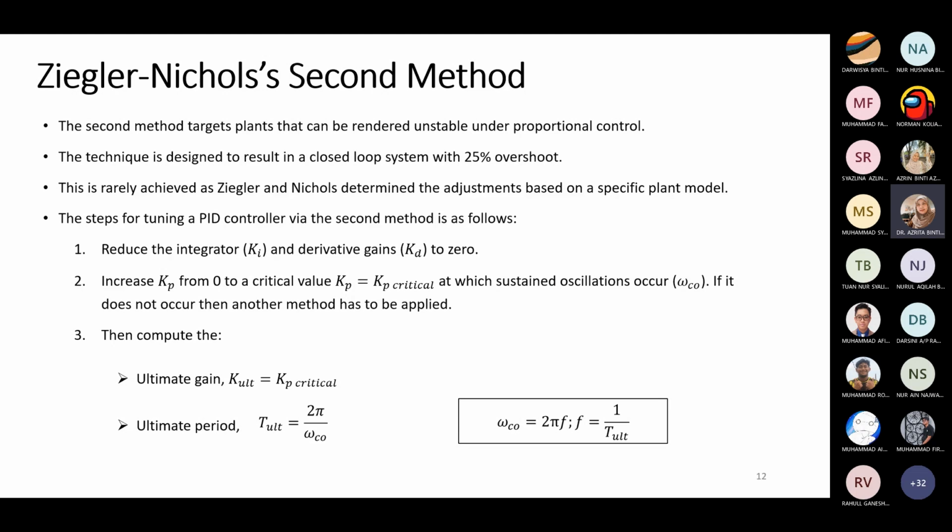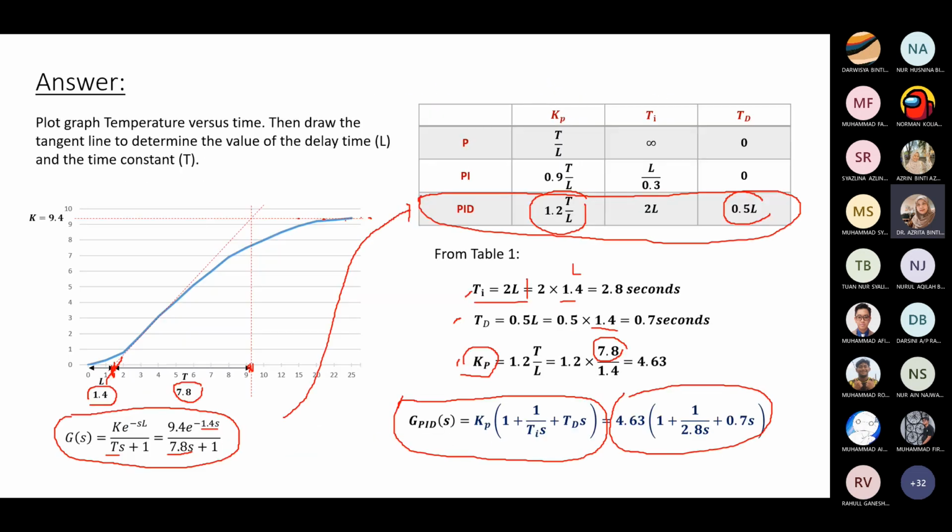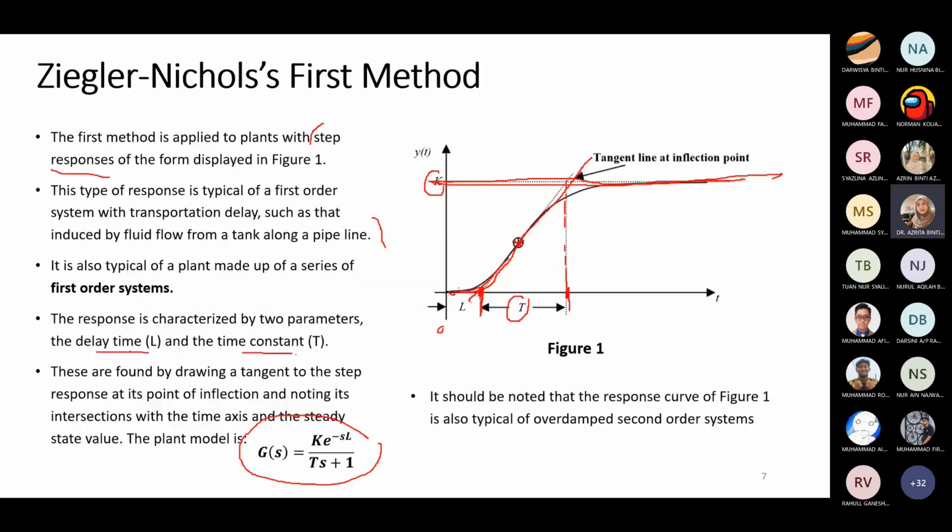Okay, so then the second method that we need to learn is the Ziegler-Nichols second method. The second method targets plants that can be rendered unstable under proportional control. Before this, for the first method, we apply it to plants or systems with a step response of the form displayed in figure 1.